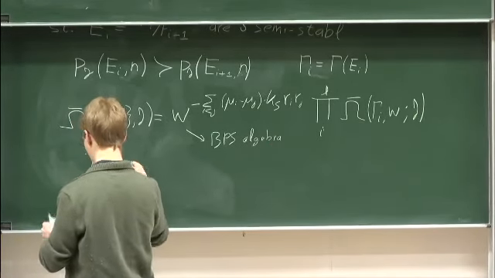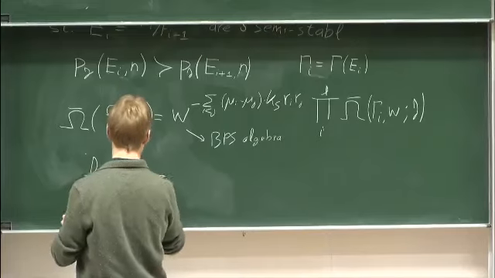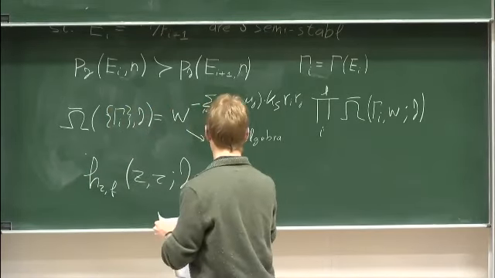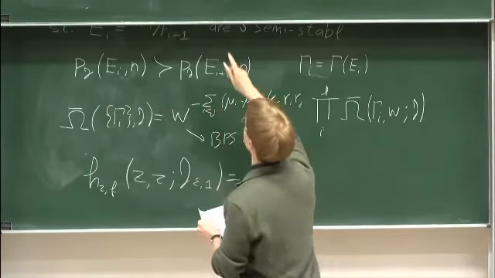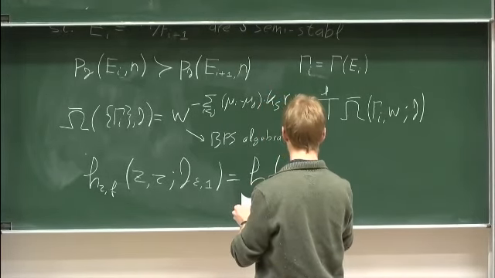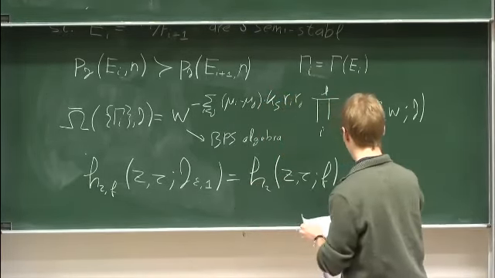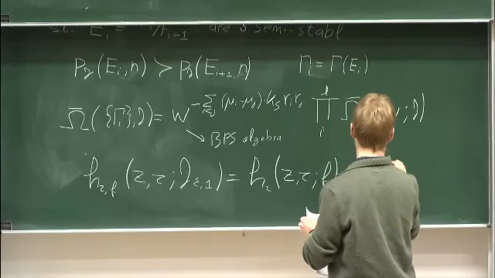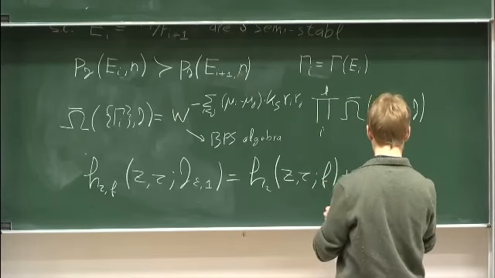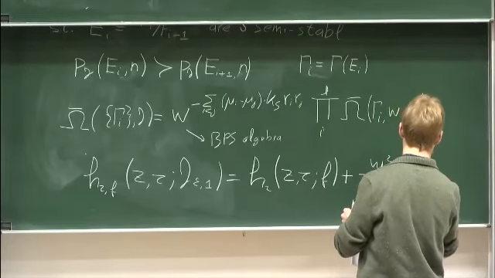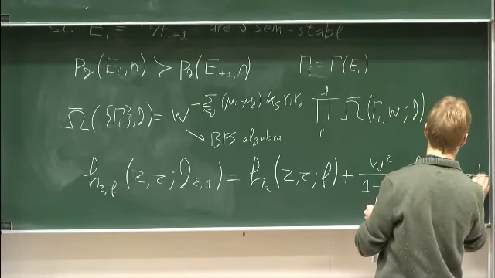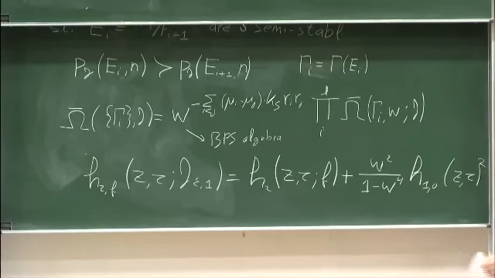Okay, so let me just give you an example. H2 comma F. Z comma tau j epsilon comma 1 is this function upon the board, h_C of tau comma F plus W squared over 1 minus W to the fourth times the generating function of rank 1 squared.